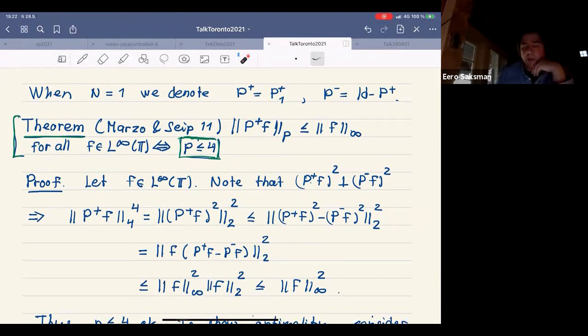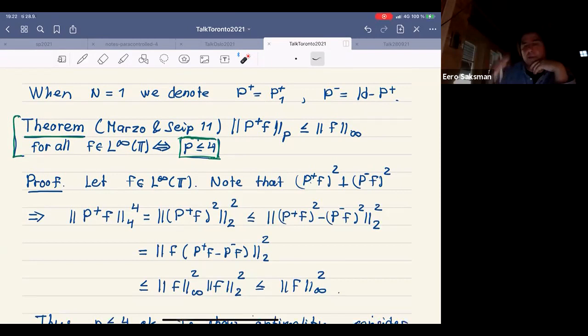Okay, so I can factorize this f out of here, taking the sup norm of f, and what remains is the L2 norm of P plus minus P minus f.